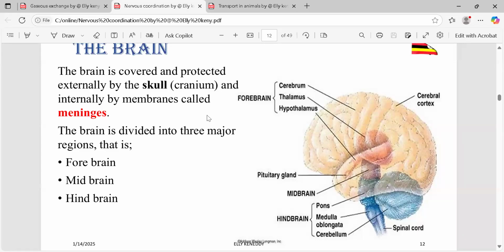Then you shall say the brain has 3 parts: the fore brain, the mid brain, and the hind brain. But if you're standing in front of a person, face to face, the brain has 2 hemispheres: the right hemisphere and the left hemisphere.